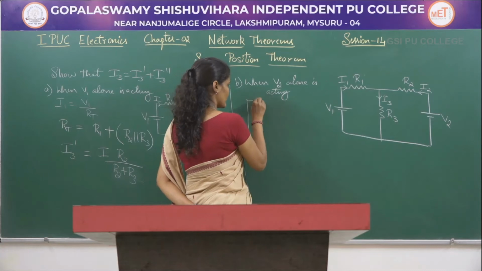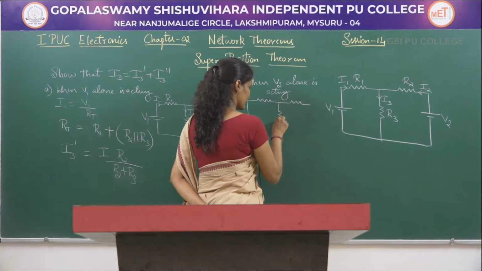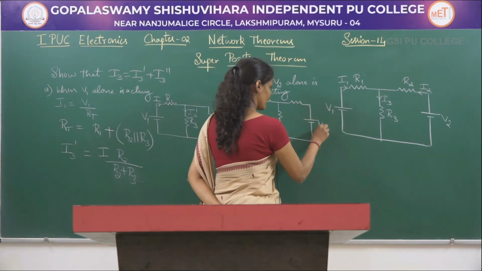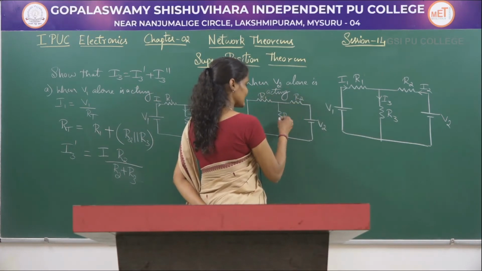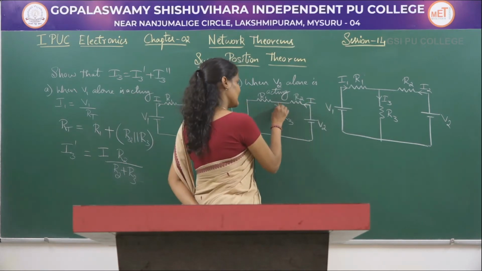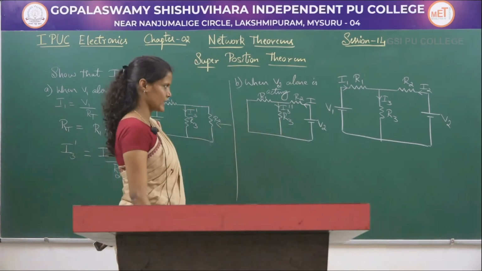V1 is shorted. I am having these resistors and a voltage source which is equal to V2. This is R1, R2 and this is R3. The current here, let us name it as I, and the current which is flowing through this resistor is now named as I3 double dash.